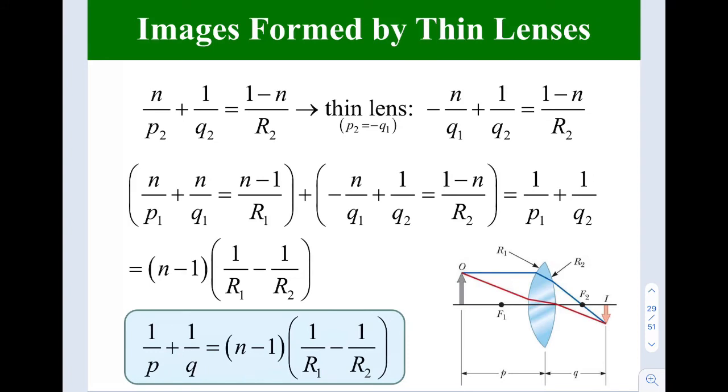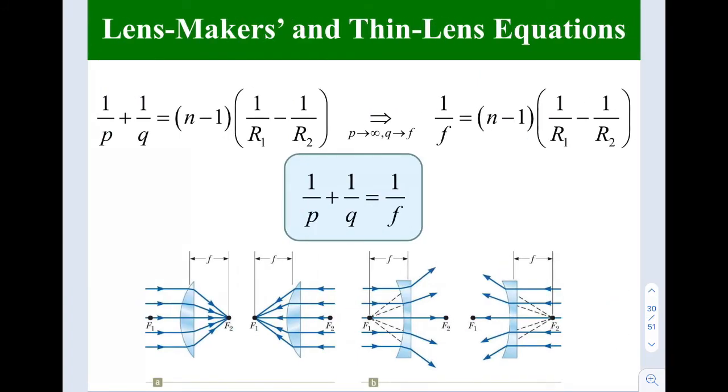We see that the inverse of the focal length of this thin lens, 1 over F, is equivalent to n minus 1 times 1 over R1 minus 1 over R2.